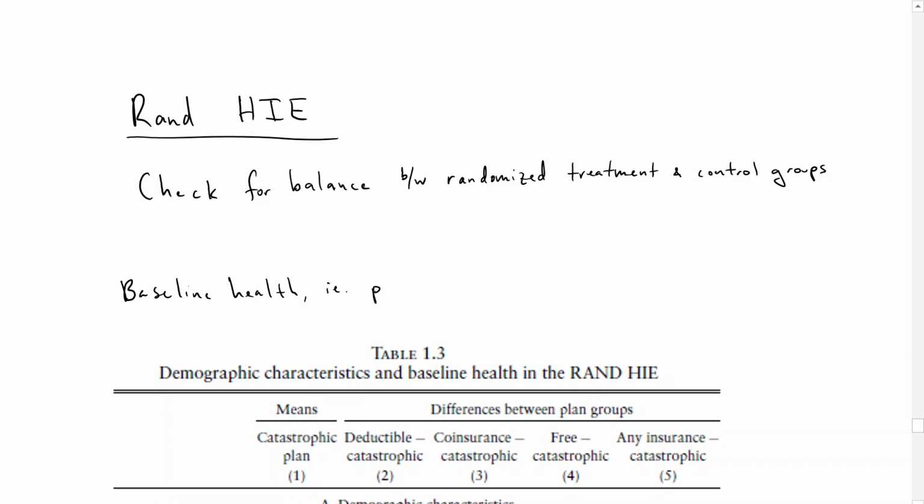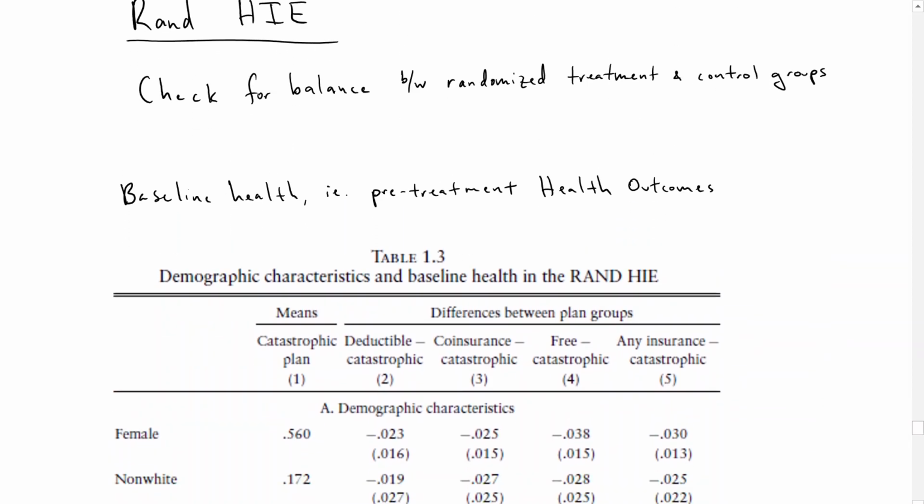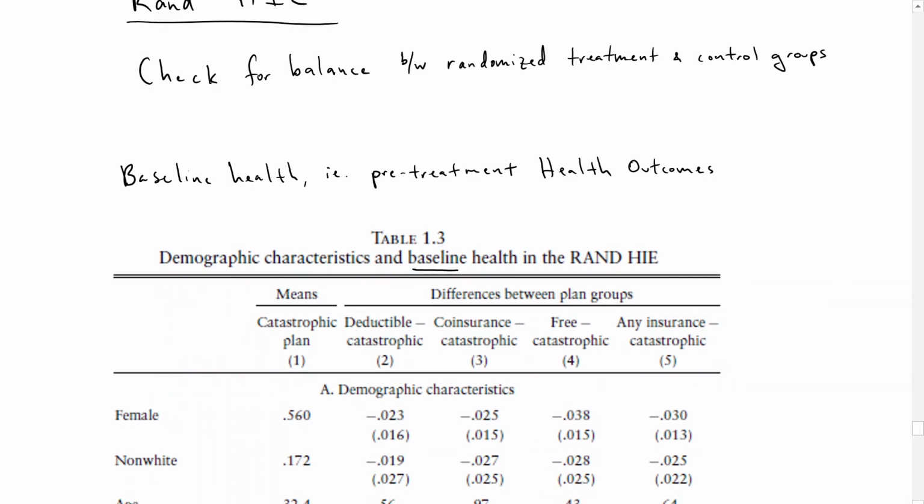Essentially, what we mean here is that this is pre-treatment. So before they were given different types of health insurance plans, these are their pre-treatment health outcomes. Baseline health before they were given the insurance and looked at later.